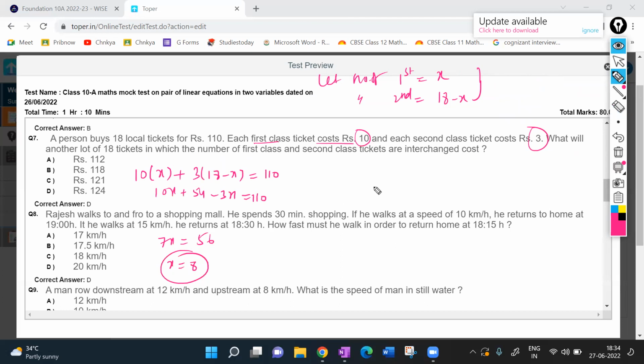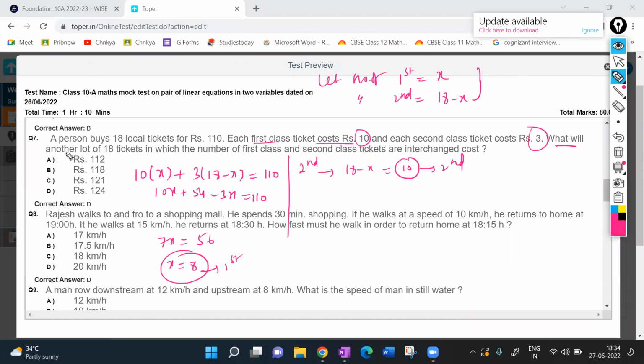If x is equal to 8, first class tickets I got here are 8. Second class tickets are how much now? 10, correct? 10 second class tickets are there. Then what is he asking us to find?